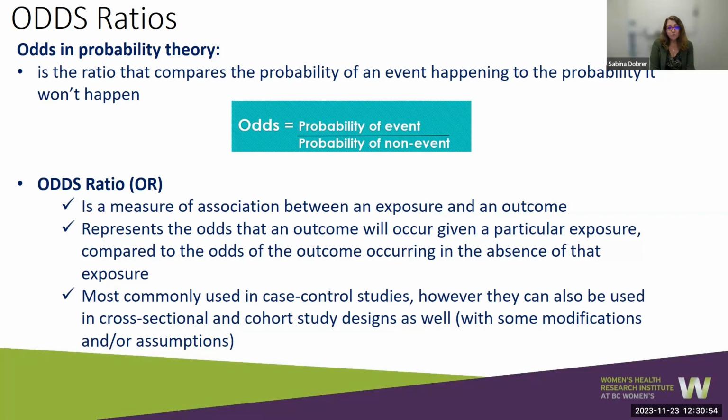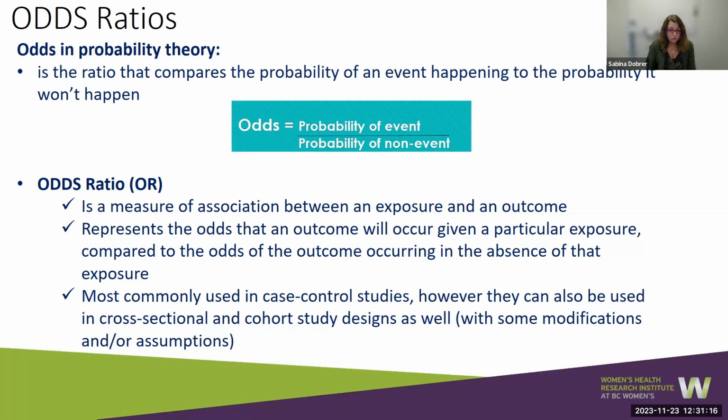And it's most commonly used in case-control studies. Basically, when you have cases and controls, two groups, you can compare. It can be used in other study designs as well, but sometimes you need some kind of modification or additional assumptions. And this is if we're talking about modeling.